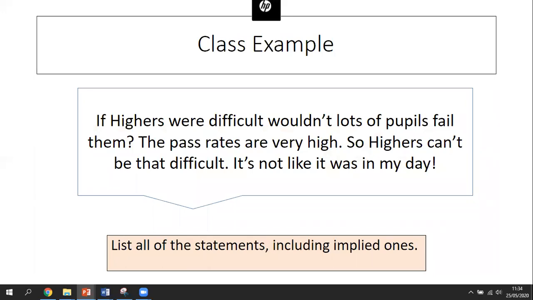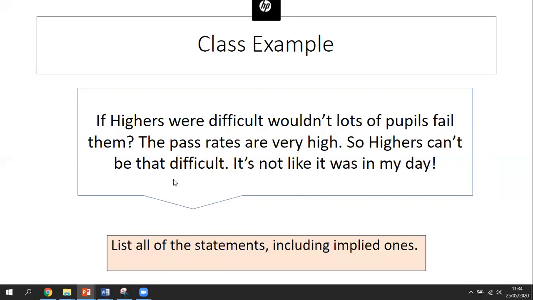So here's an example. If Highers were difficult, wouldn't lots of pupils fail them? The pass rates are very high, so Highers can't be that difficult. It's not like it was in my day. Okay, so this question here, if Highers were difficult, wouldn't lots of pupils fail them, is a rhetorical question.